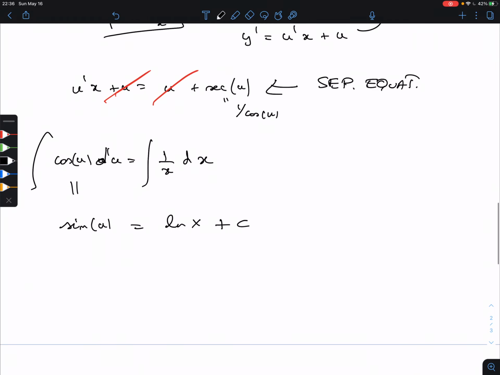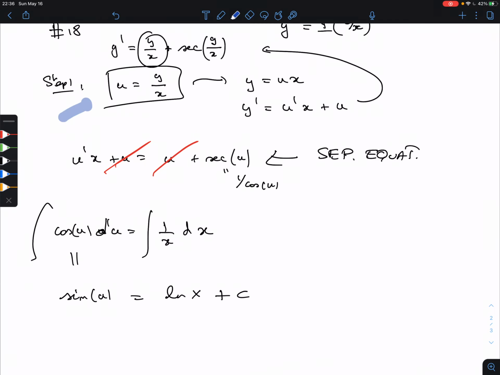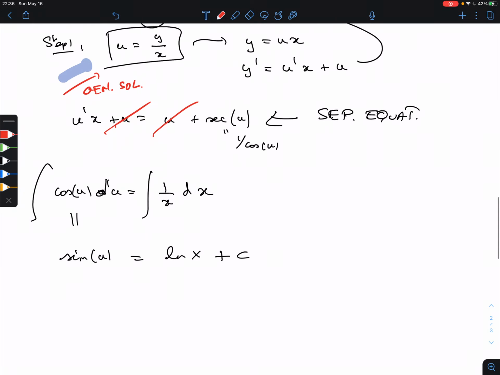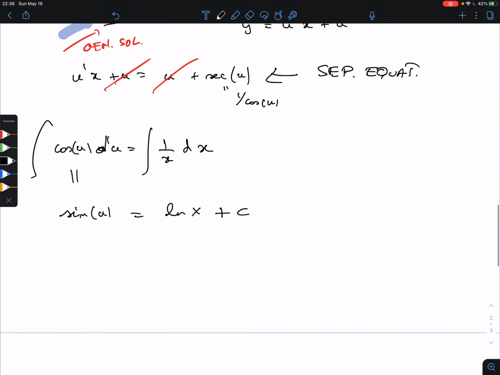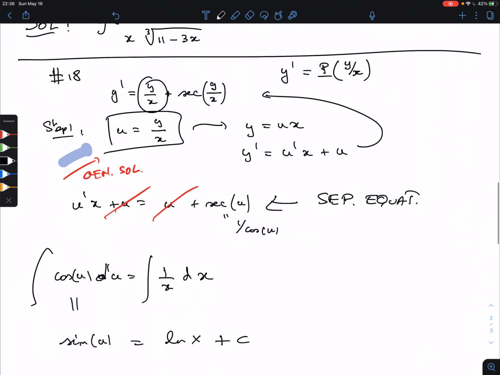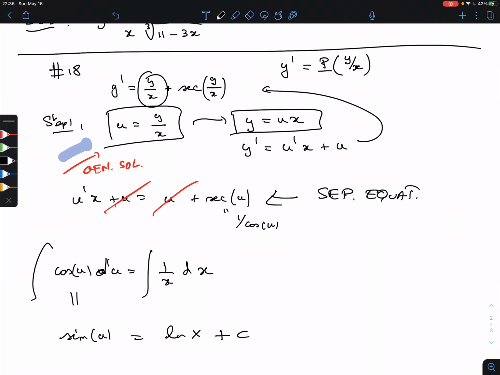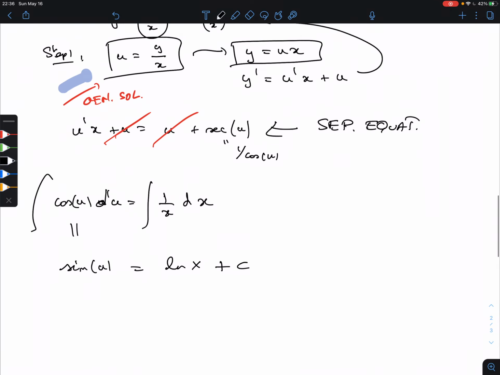This is the general solution, so we need the plus c here. Remember, this is the actual solution: y is u times x. We found u. We still have to substitute back in, so we better be able to solve for u.